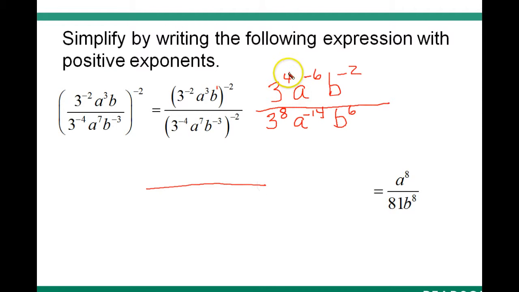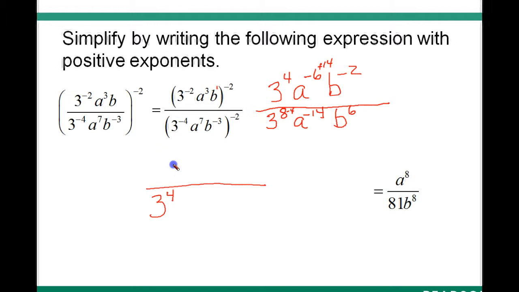So over here I'm going to bring this 4 down, subtract it from the 8, and I get 3 to the 4th right there. So I'm taking this, as it crosses the division bar, it becomes like a negative 4. I want my exponents to be positive, so I'm going to bring this a to the negative 14 up, and up here becomes a positive 14.